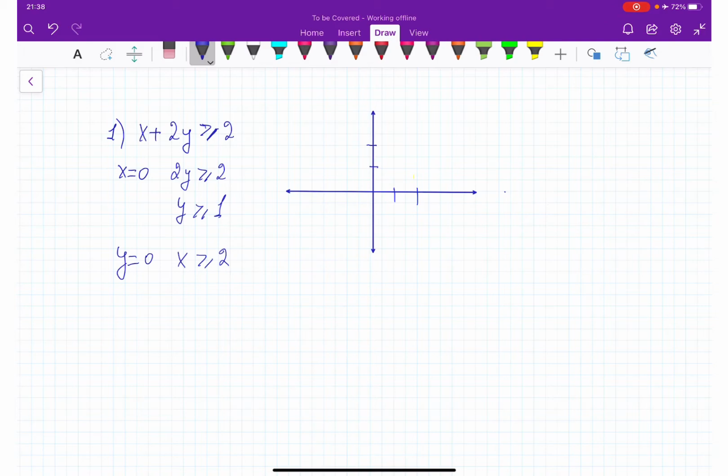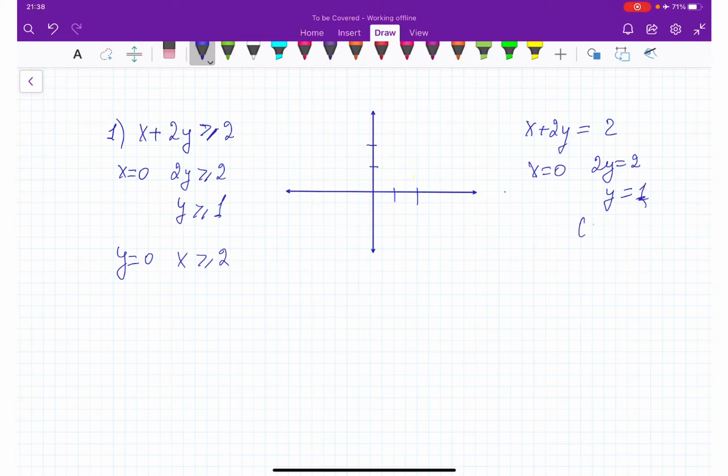So first of all, let's build the graph. To build the graph, we are going to write down x plus 2y is equal to 2. We drop this inequality and put equal to. Okay, so x is equal to 0. Then 2y is equal to 2 and y is equal to 1.